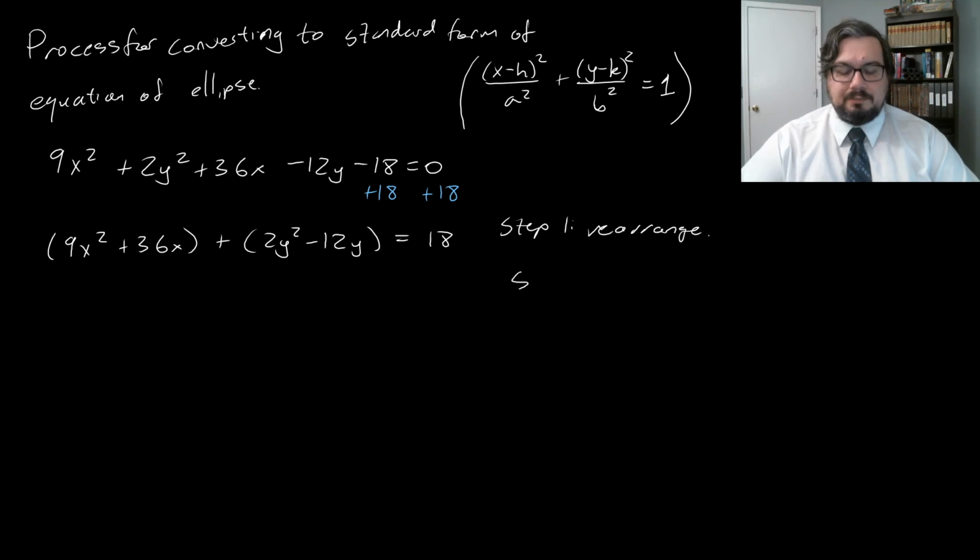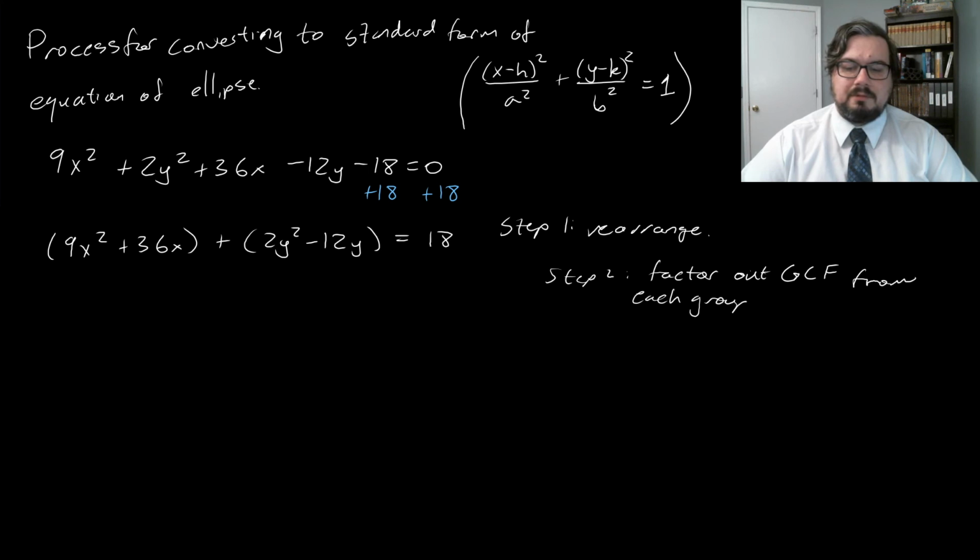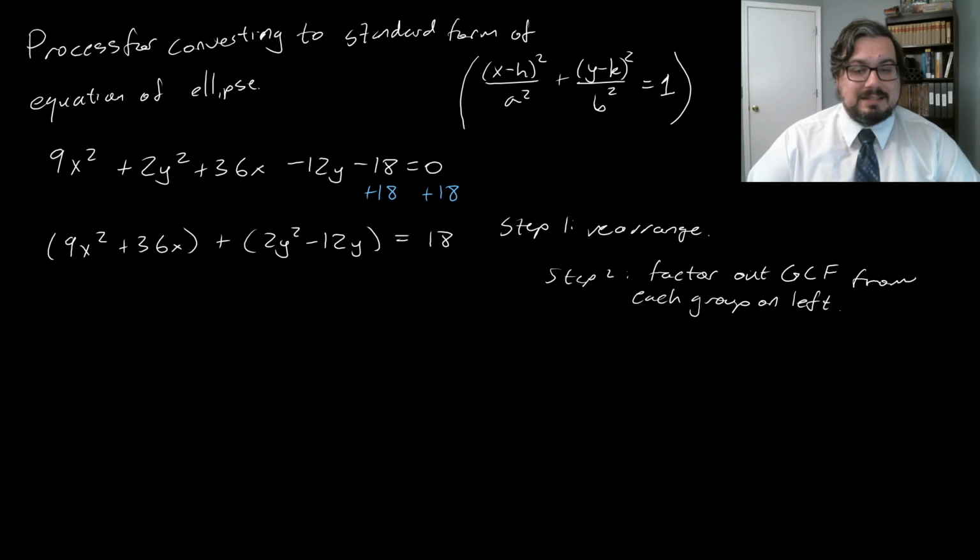Step 2 is going to be to factor out the greatest common factor from each group on the left. So the 9x squared plus 36x, I should say the greatest common constant factor.